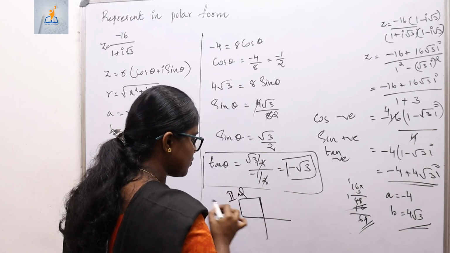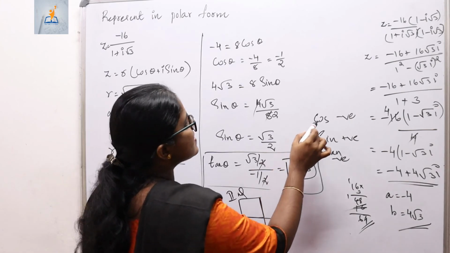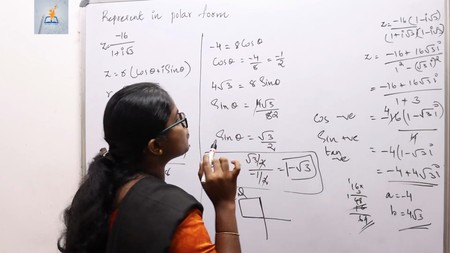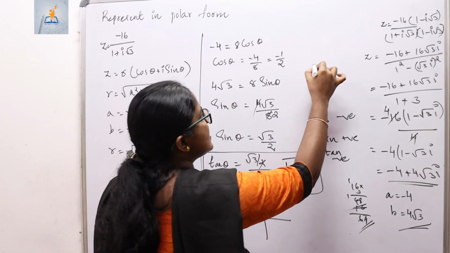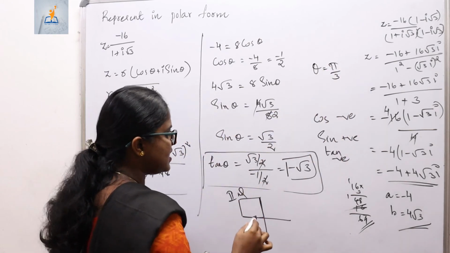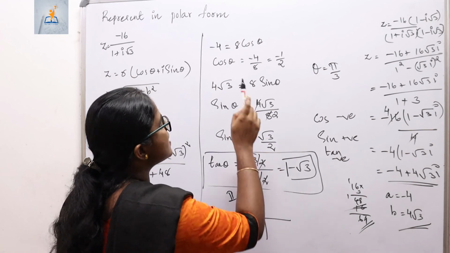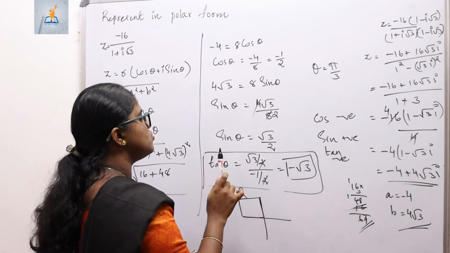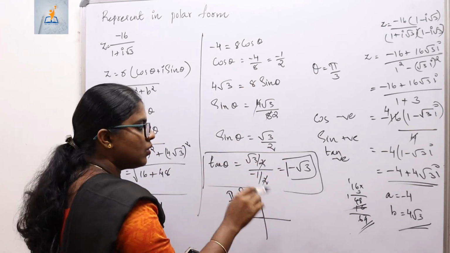We know that sin theta is root 3 by 2 and cos theta is 1 by 2 when theta is equal to pi by 3, and tan theta is root 3.